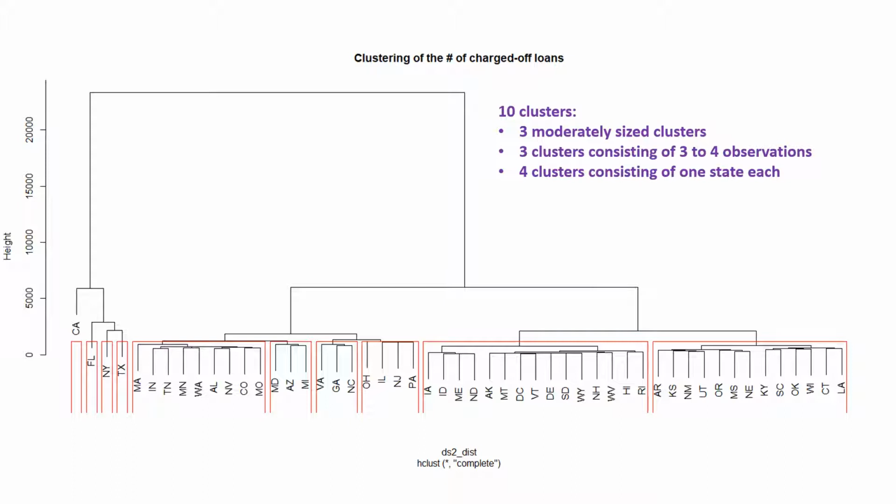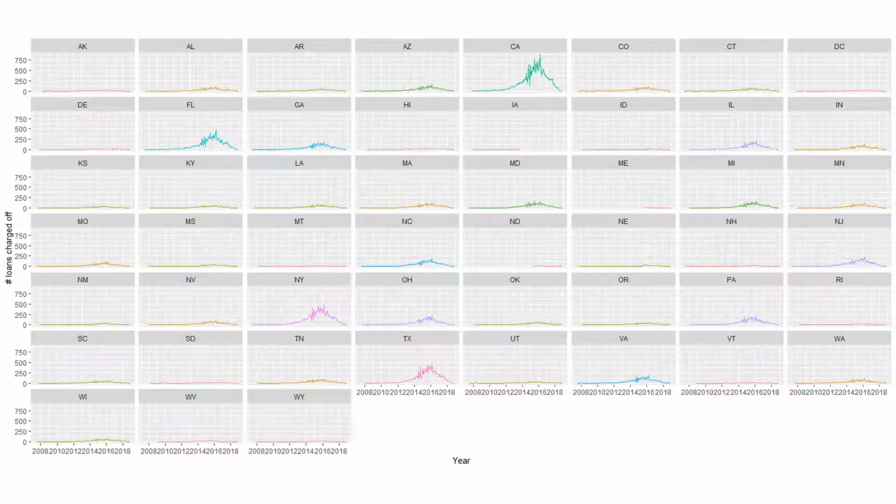So, the trends with respect to the states are more evenly distributed if the states are separated into 10 clusters instead of 5. So I decided to use 10 clusters in this case.